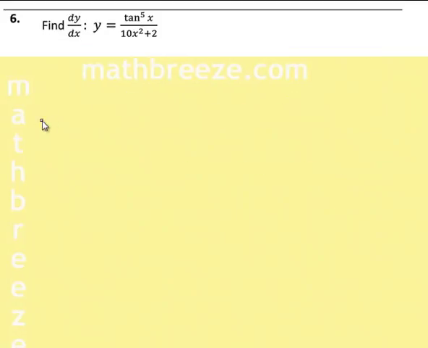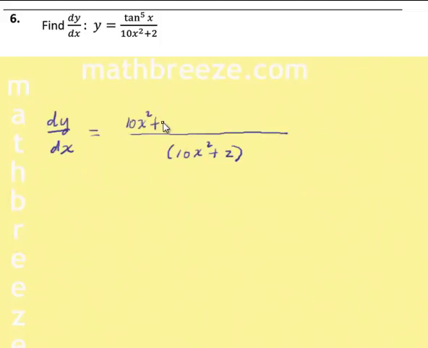In number 6 we have a quotient, so we're going to use the quotient rule to find the derivative. So we'll start by squaring the denominator, and then put the denominator up here in the numerator. Multiply by the derivative of the numerator. So first we're going to do the chain rule, bring down that 5.